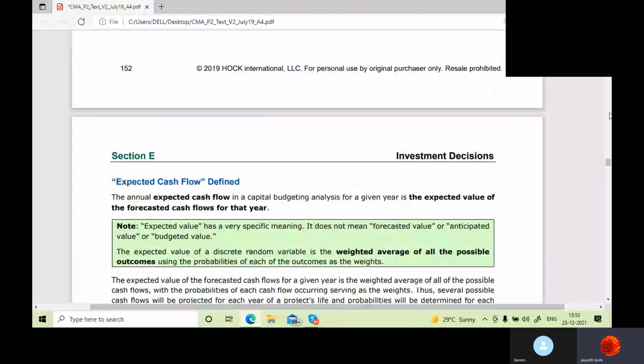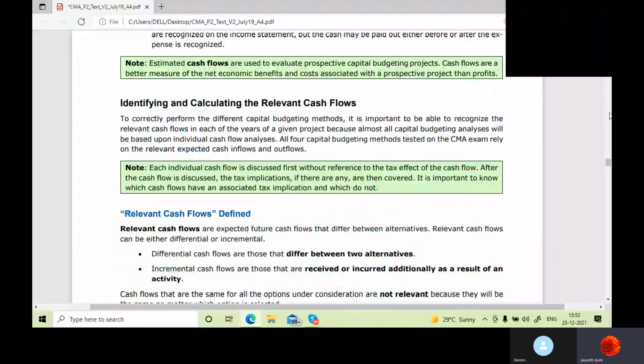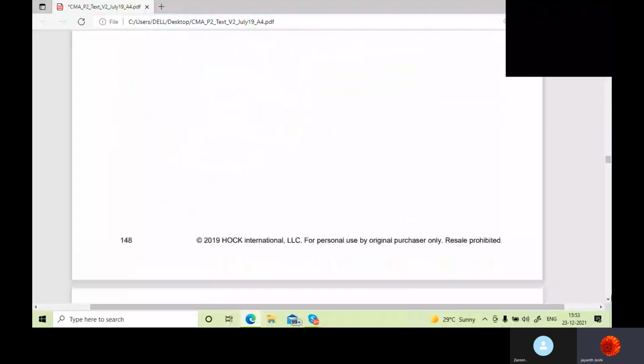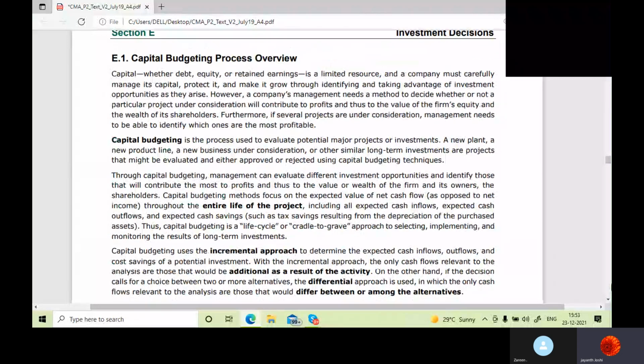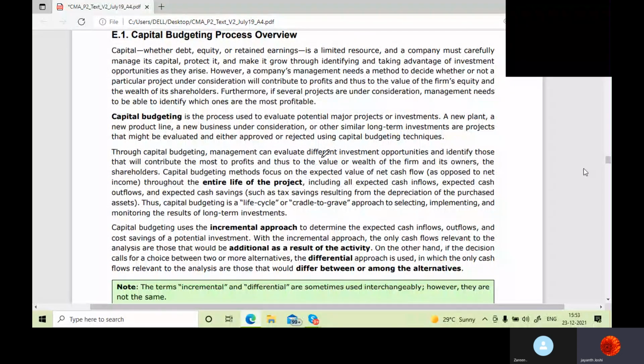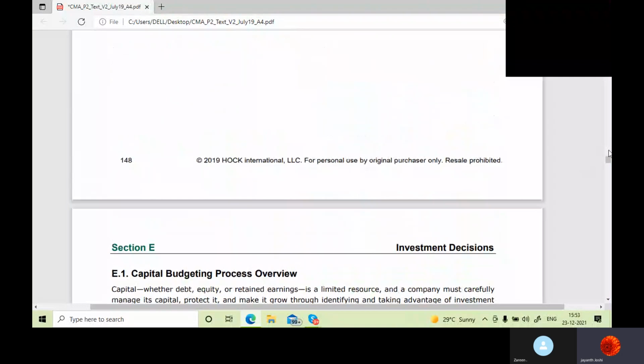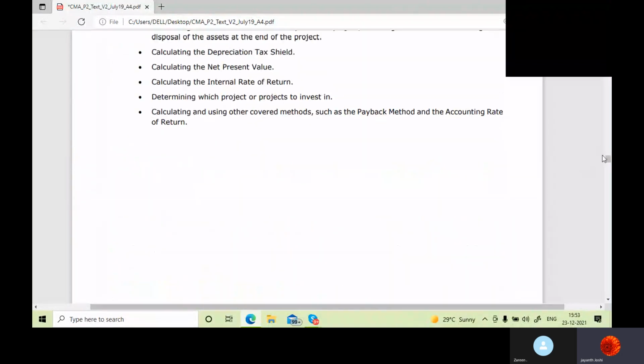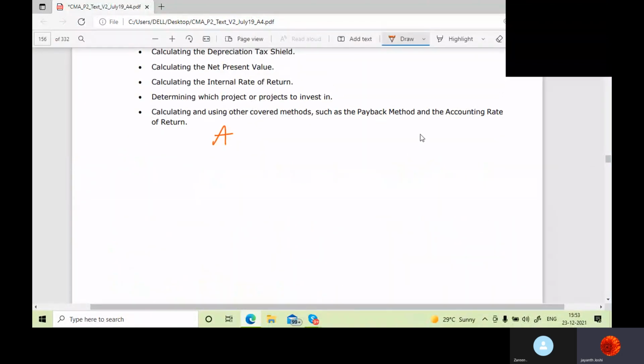So I'm starting with a very simple example here. Let me say this is project A and this is project B. The invested capital is 1 lakh here, and here it is also 1 lakh.